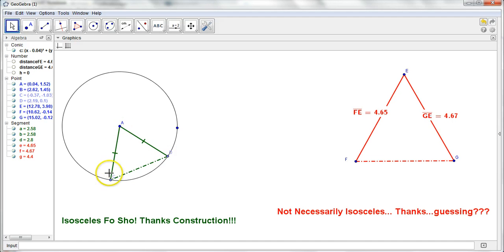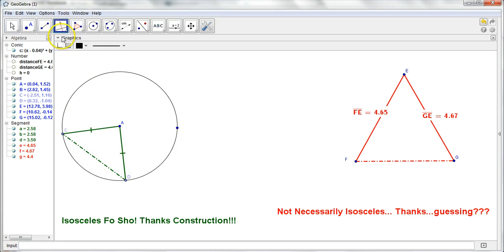Since they're both radii of the same circle, they have to be equal length, right? That's how circles help us construct congruent segments. We're going to use radius concepts to get congruence. Okay? So this is an isosceles triangle, and I made the third side between these points dotted just to distinguish it from the congruent sides. So this is how constructions can help us always construct an isosceles triangle if we use geometric properties, right?